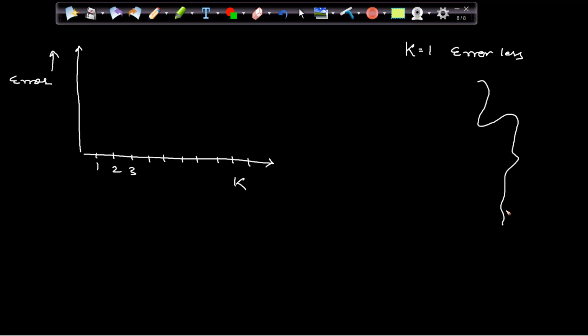And when k is equal to n, that is the highest value, number of records, then error will be high. That is also we discussed. So my training error will be something like this. Almost 0, it will exponentially increase. This is my training error, right? Where error will be almost 0 to exponentially increasing when k is equal to n. Okay.